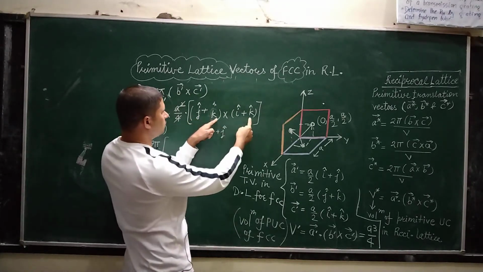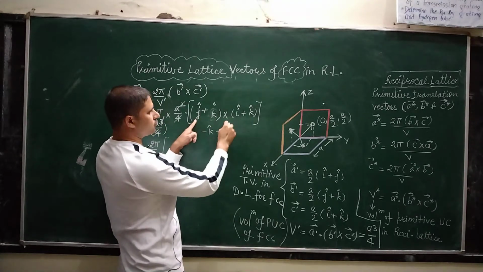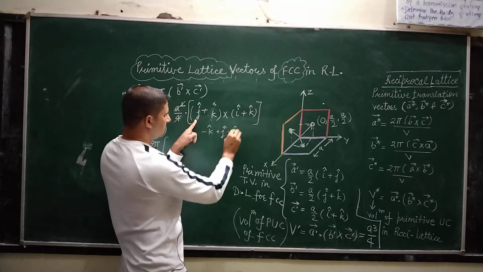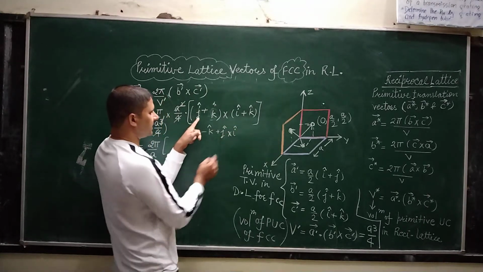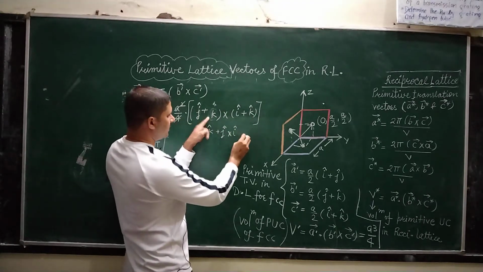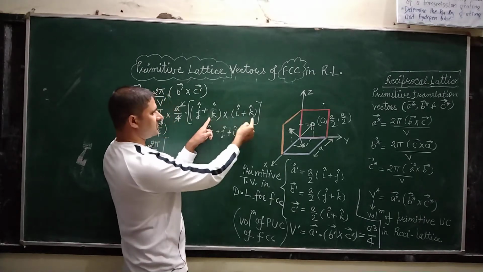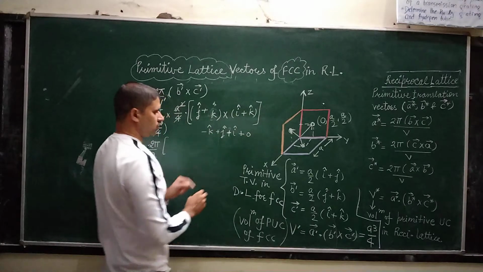Okay, and then come to this, if you take j cross k, it will give you plus i. Okay class, and if you take k cross k, it will give you 0.